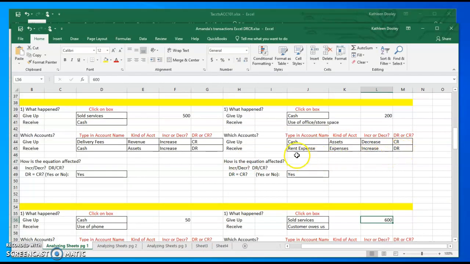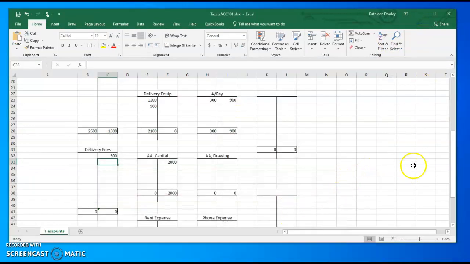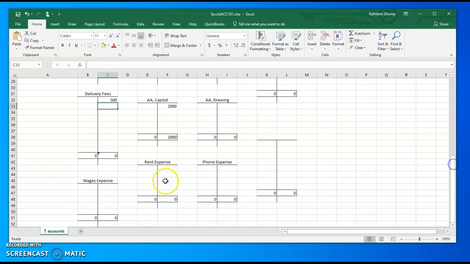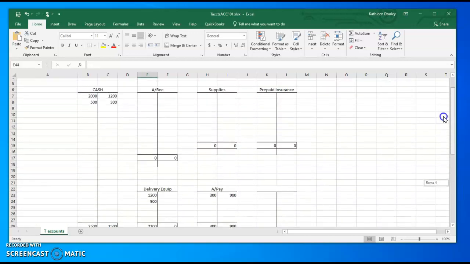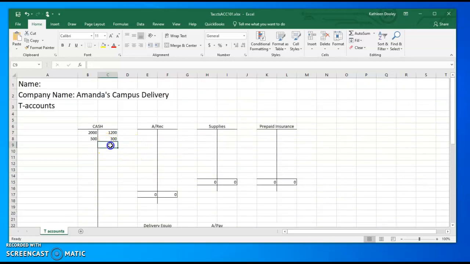Next one, I have a debit to rent expense and a credit to cash for $200. A debit to rent expense, a credit to cash for $200. So I'm going to debit left side rent expense for $200 and credit right side cash for $200.